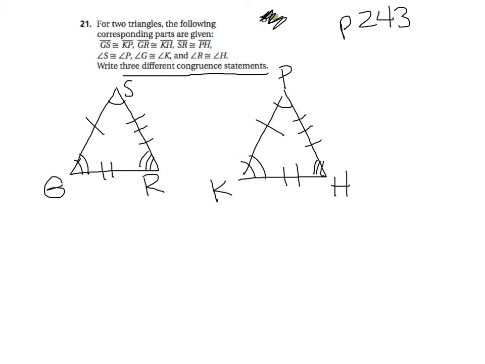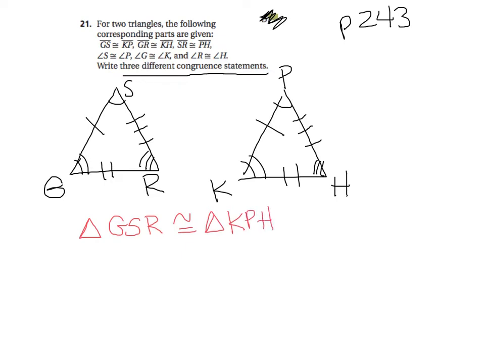So my first congruent statement can look like this. I'm going to start out with triangle, and so I'm going to link together the sides that are congruent. GS goes with KP. So I've got triangle GS, and then my third letter is congruent to triangle KPH.